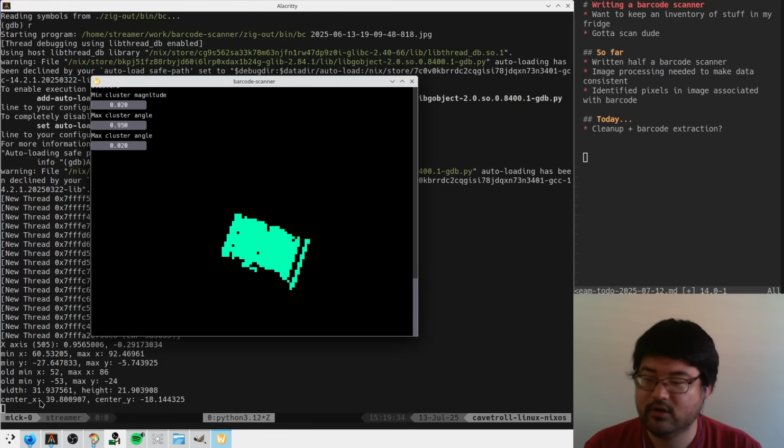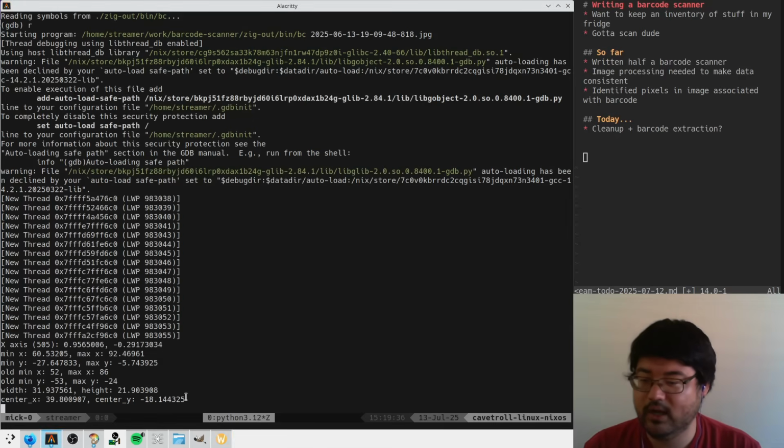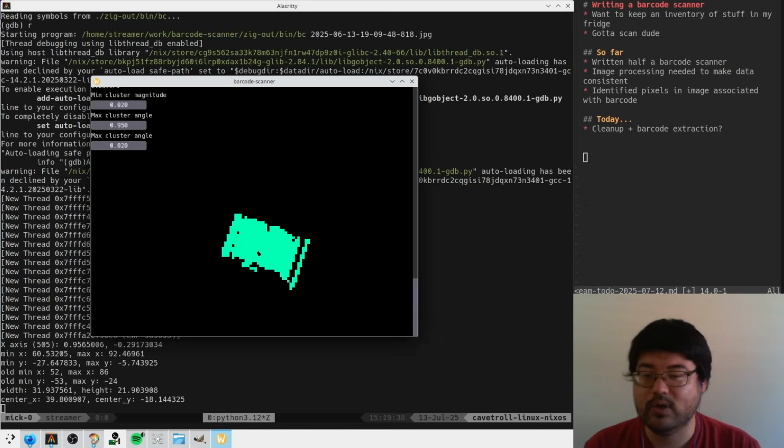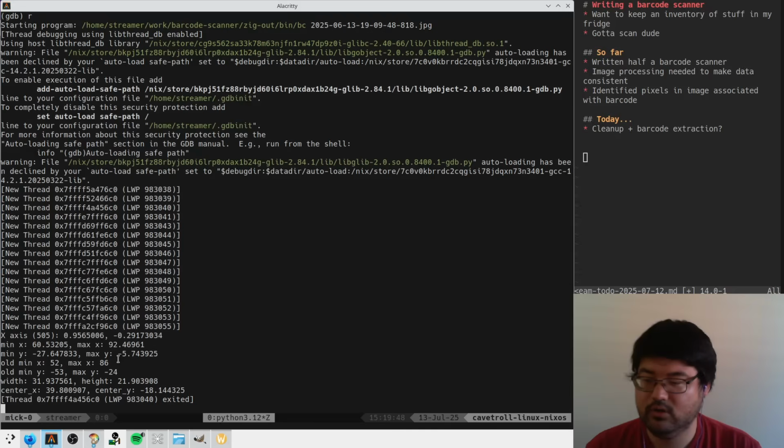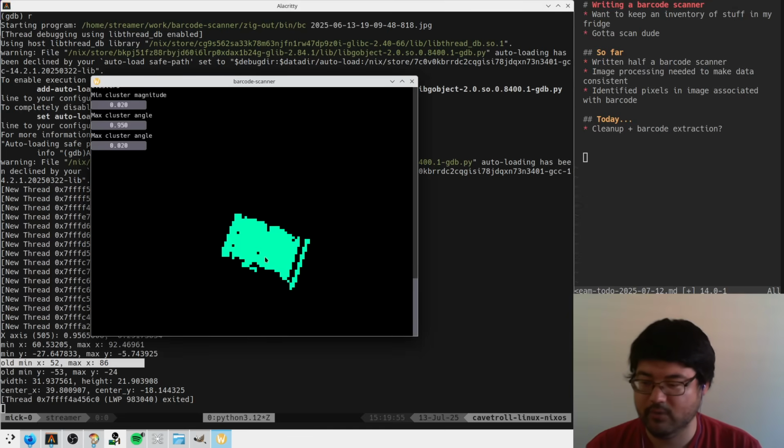Center x, 39, center y, negative 18. So the question is, is that about right? If we have 52 to 86 is where these guys are in unrotated space. So this is just really wrong. Yeah, this is wrong.